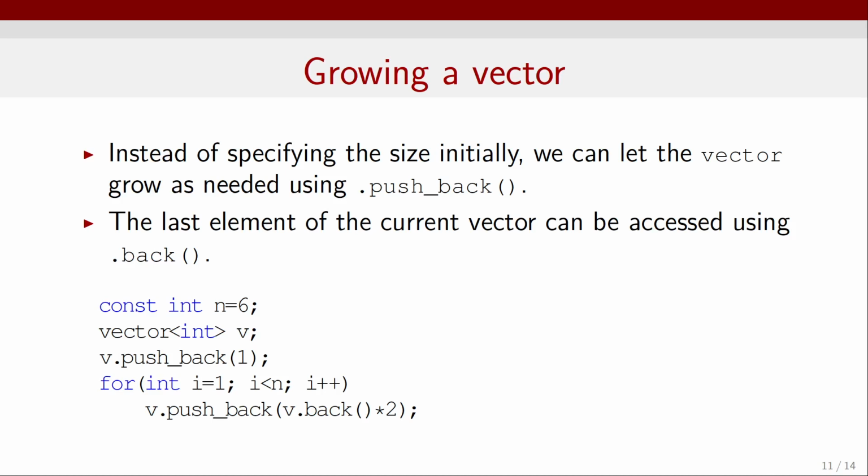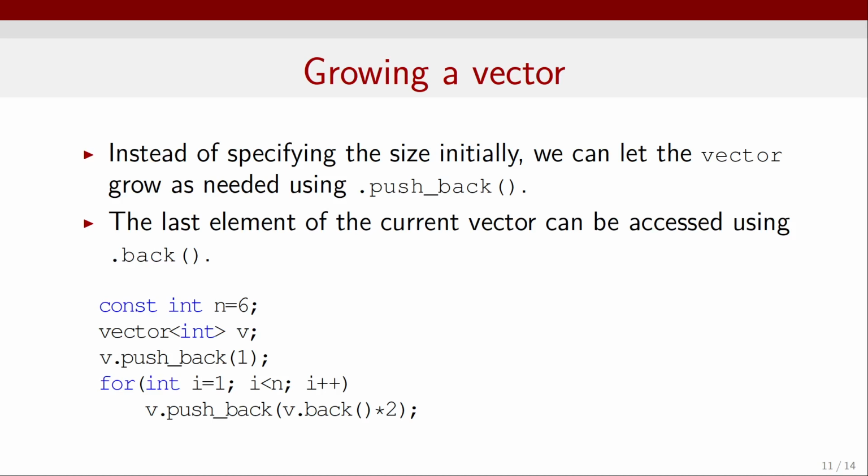So you're adding computational overhead to your program, and it's also more error prone. So if you can avoid changing the size of your vectors, you should avoid it. And just use fixed size vectors whenever you can.